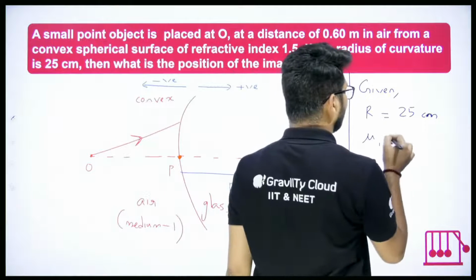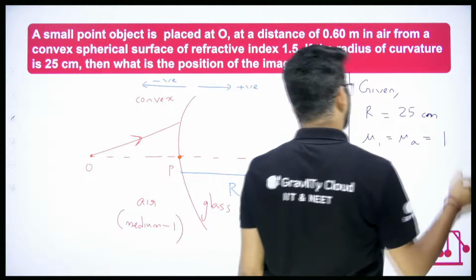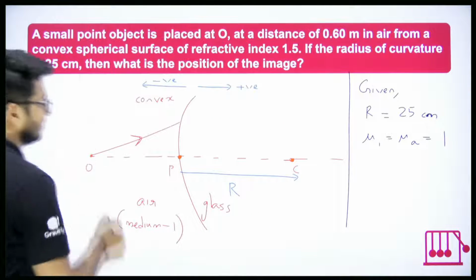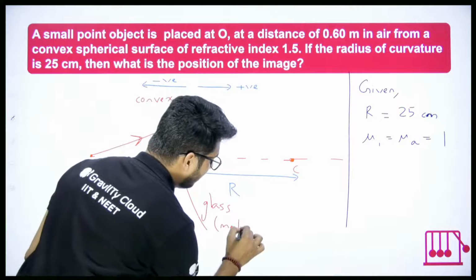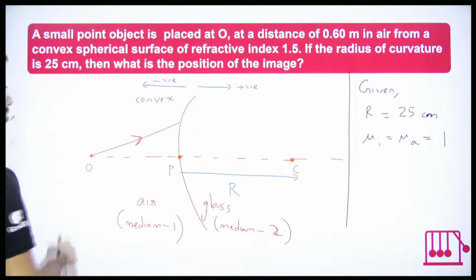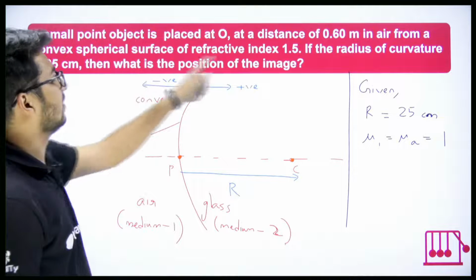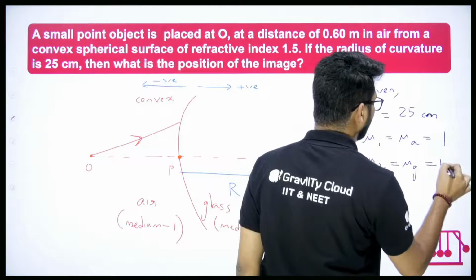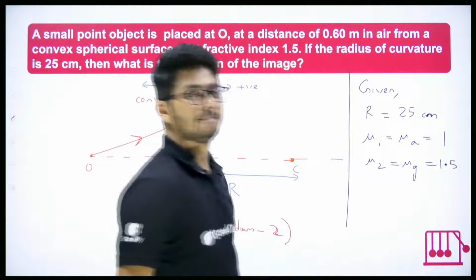Refractive index of air will be equal to 1. And obviously the glass is the other medium, medium 2. Mu 2 is the refractive index of glass, that is 1.5.